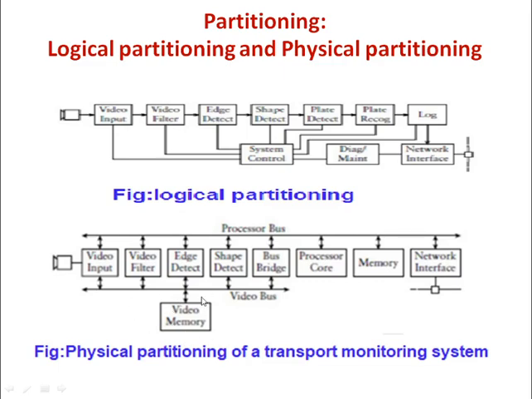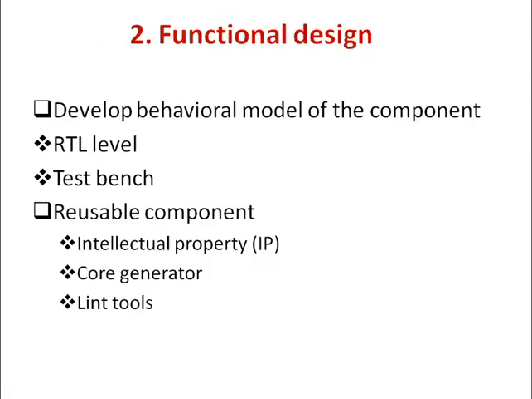License plate detection and recognition, logging, system control, and diagnostic and maintenance tasks are mapped onto the software task running on the processor core. This is an example of how we go for mapping a logical partitioning into a physical one. Next, we go for functional design.